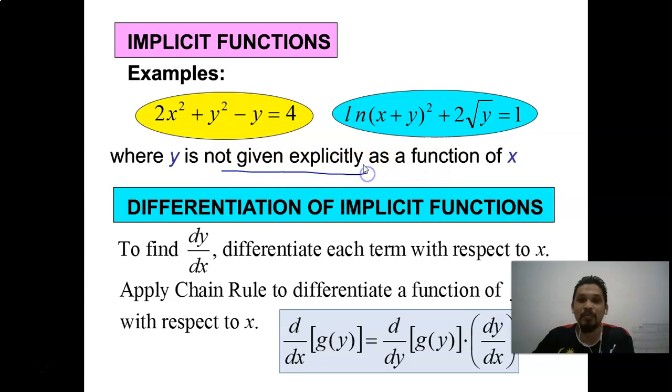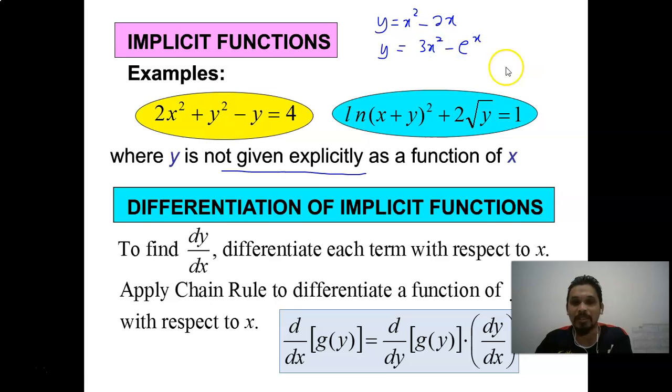Meaning most of the time, we look at a function of y equal to x squared minus 2x, or y equal to 3x cubed minus e to the power of x, where on the left side of the equal sign we can write down y, and on the other side of the equal sign is a function with all the terms of x. There is no y left here.